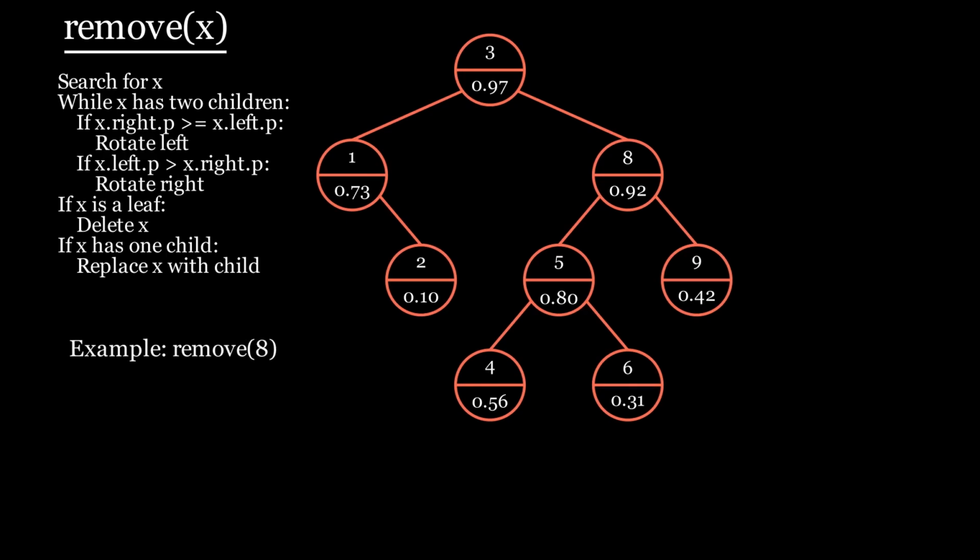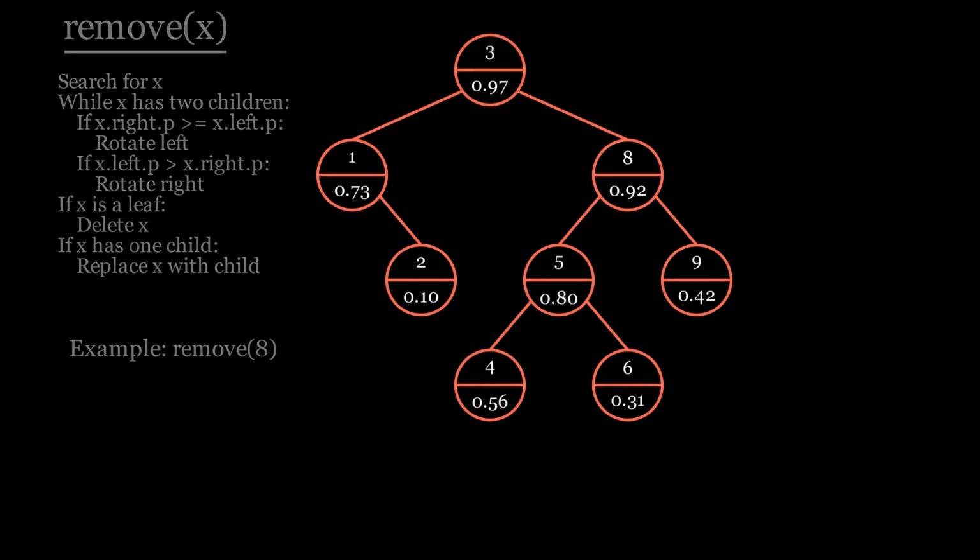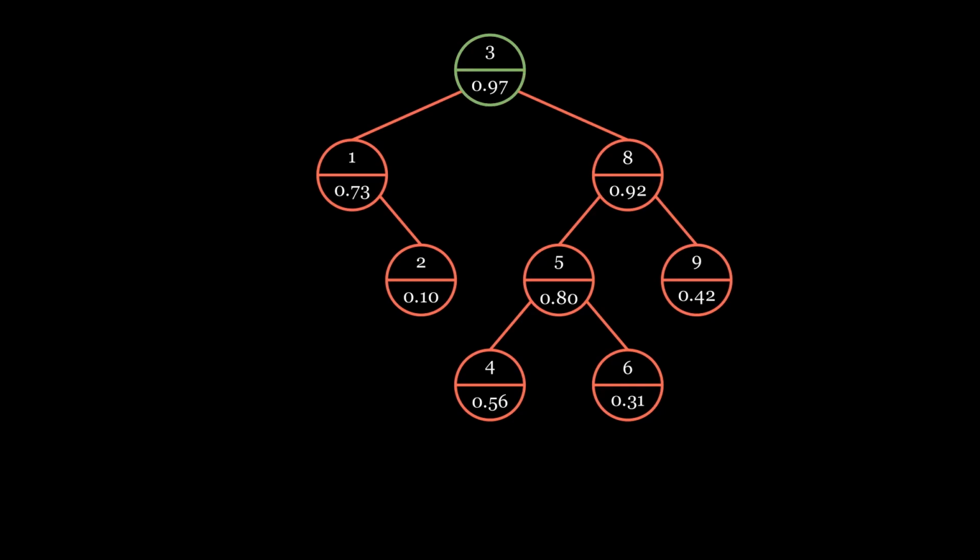Let's take a look at an example. I want to delete 8 from this treep. First, we search for it. Okay. Now, for the sake of visualization, let's say that we set the priority to -infinity. This means we want to rotate it as low as possible. Now we have to check the priority values of its children.